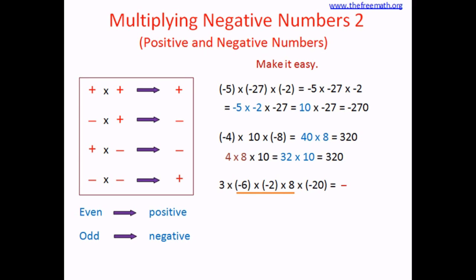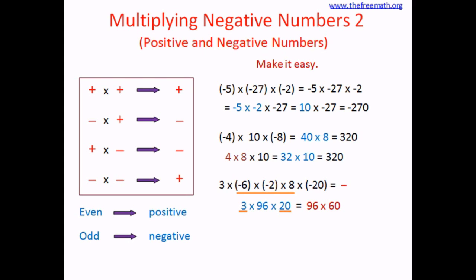I feel that multiplying the three middle numbers first is easy. So I'm going to say 6 2s are 12 and 12 8s are 96. So I want to do 3 multiplied by 96 multiplied by 20. Now let's multiply 3 and 20. 2 3s are 60. That means we have to do 96 multiplied by 60.